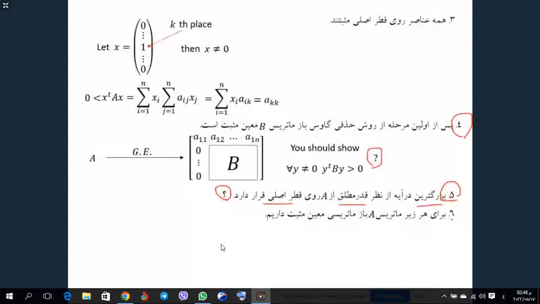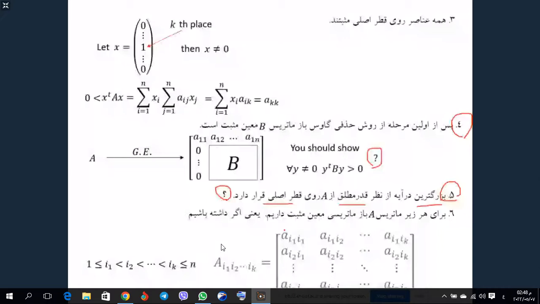The sixth property of positive definite matrices: all submatrices of A will be positive definite again.